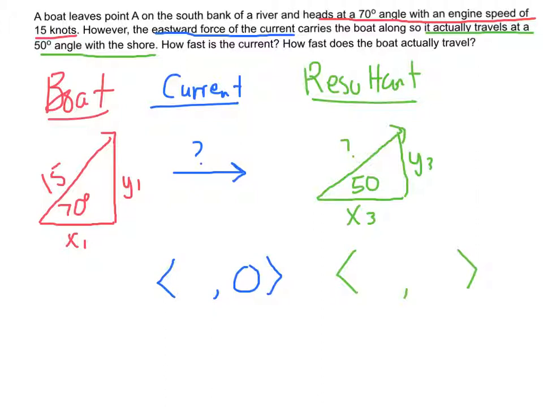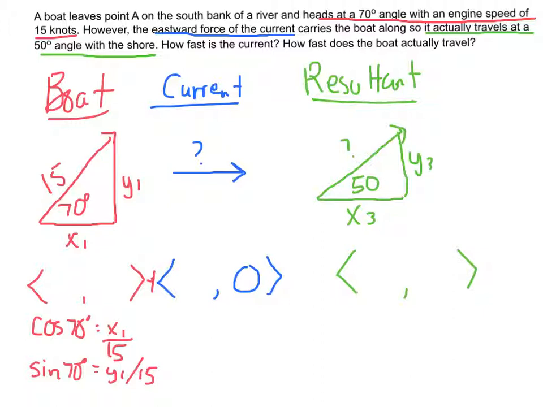So we're going to start by figuring out the x and y components of the boat vector. And to do that, we're going to do the cosine of 70 equals x1 over 15. And then we'll do the sine of 70, that would equal y1 over 15.